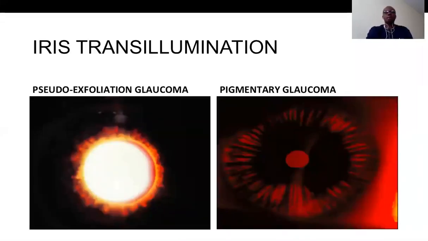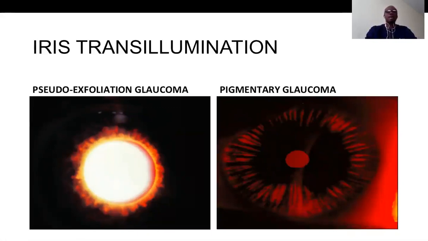Now, both of these pictures are pictures of transillumination, but even though they are both pictures of iris transillumination, we can see that there's a clear difference between the two. The first one represents the transillumination we are likely to find in pseudo-exfoliation glaucoma.